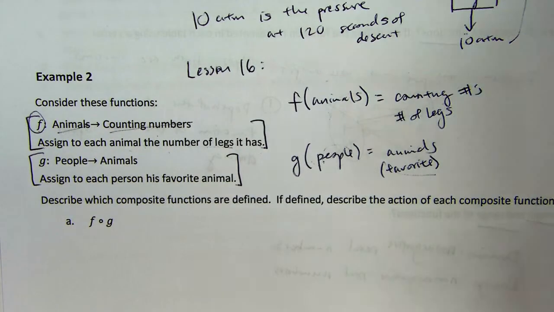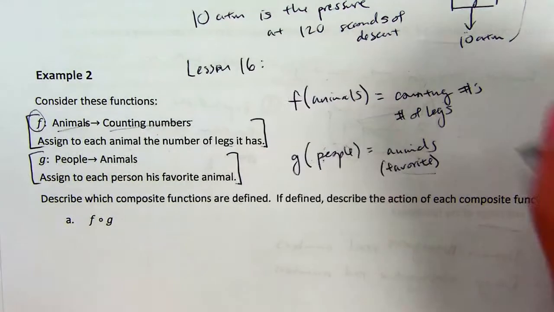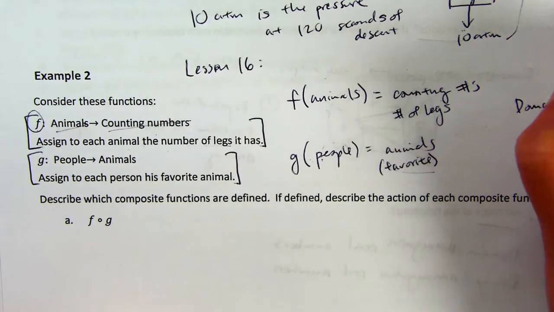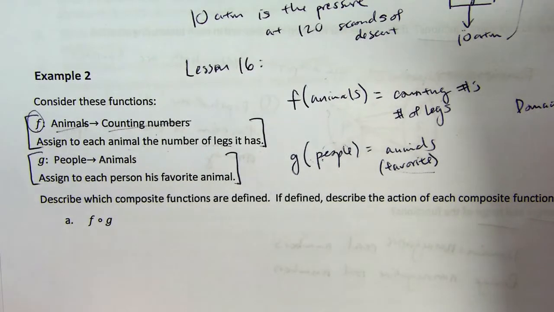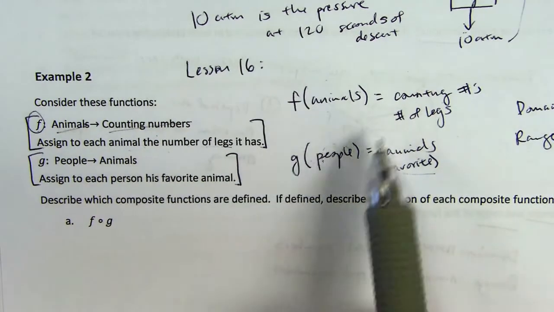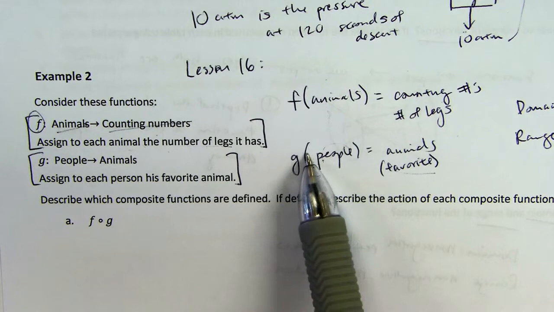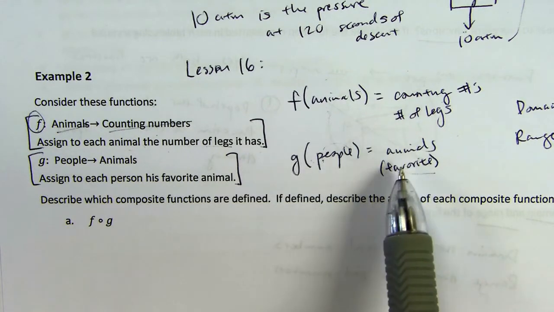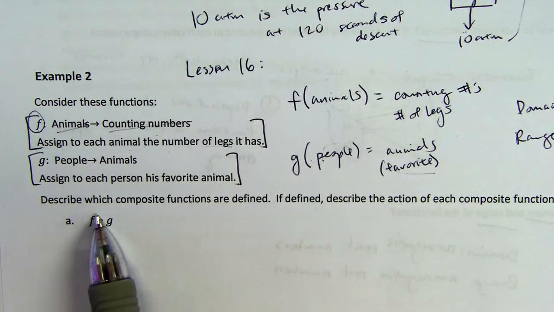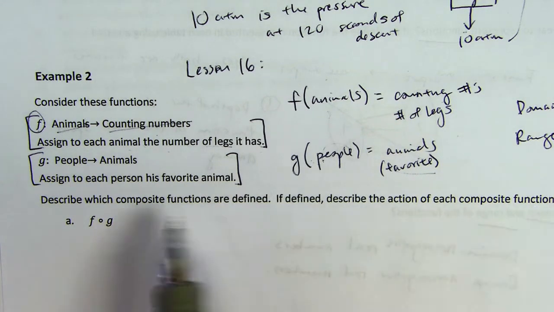Domain is input, and range is output. So our domain here is animals, our range here is numbers, our domain here is people, our range here is animals. So if we're trying to take a look at composition of functions, describe the action of each composition if it can be defined. There are times when it's not defined.